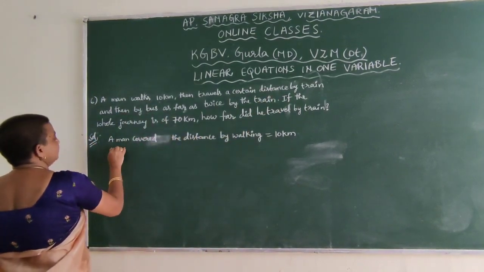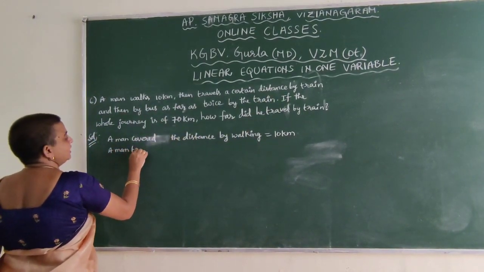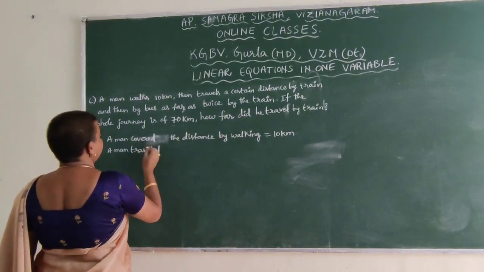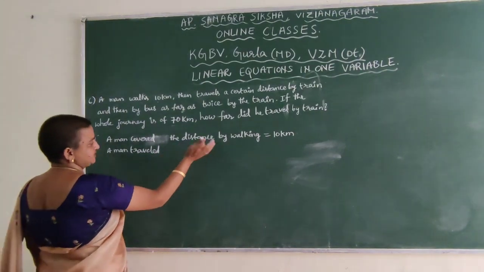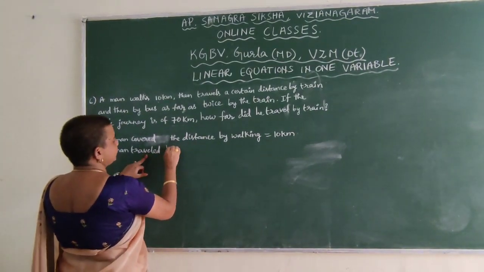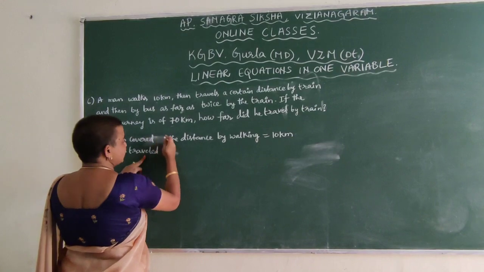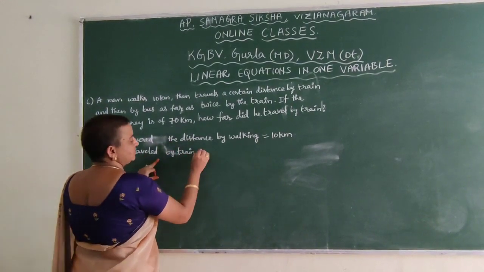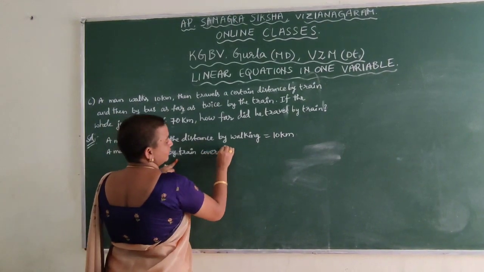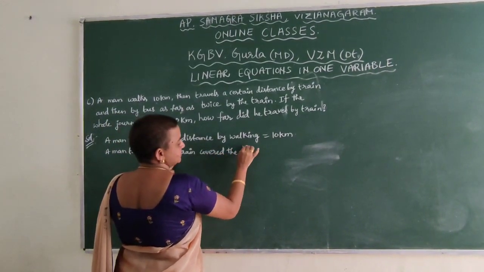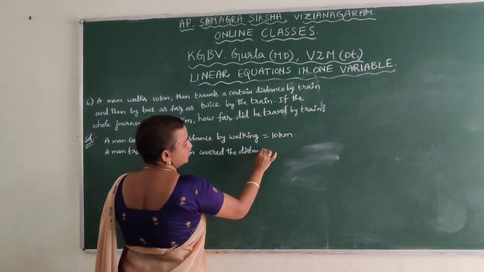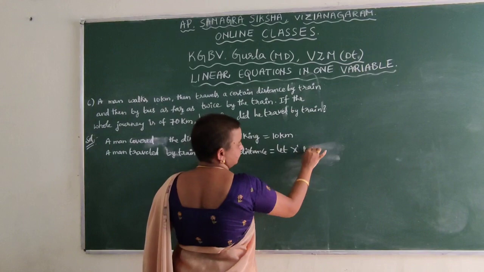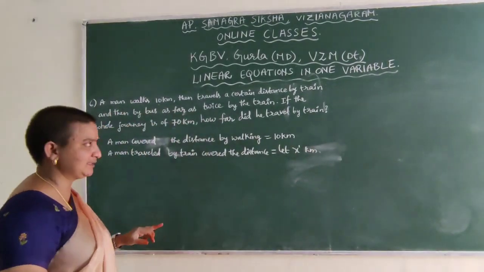A man traveled by train. A man traveled by train, covered the distance equal to, let x kilometers.